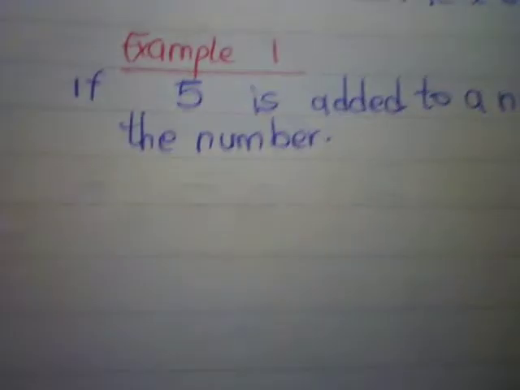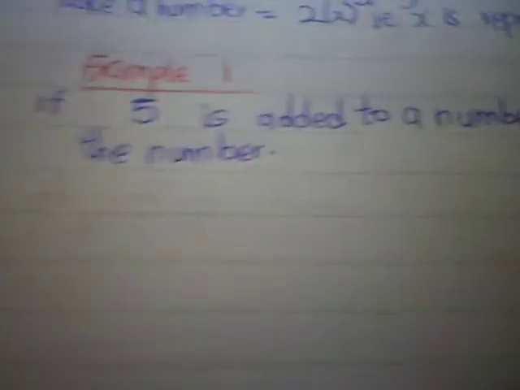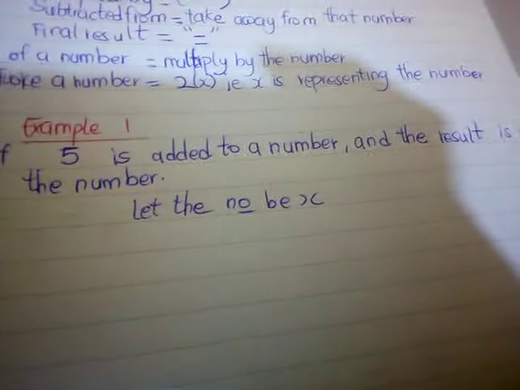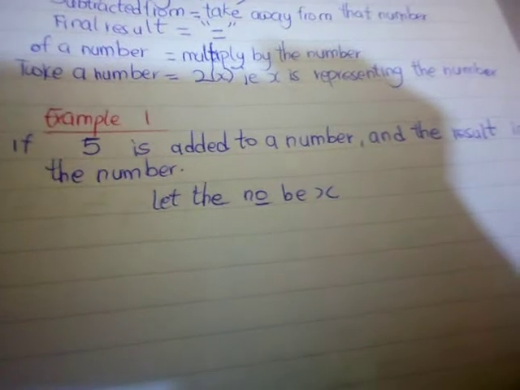So this is an example. It says if 5 is added to a number and the result is 12, find the number. So we always say let the number be x. Again, I'm repeating the question.